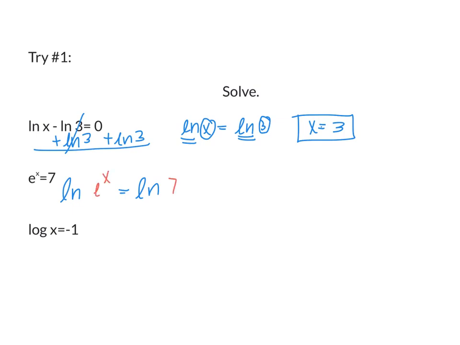Applying the natural log on both sides helps us to eliminate the natural log of e, because the natural log of e we know is 1. So that kind of eliminates itself. We're left with x equal to the natural log of 7. And that we can find in a calculator, and we would get 1.95.